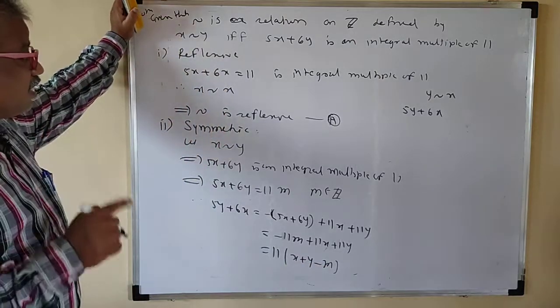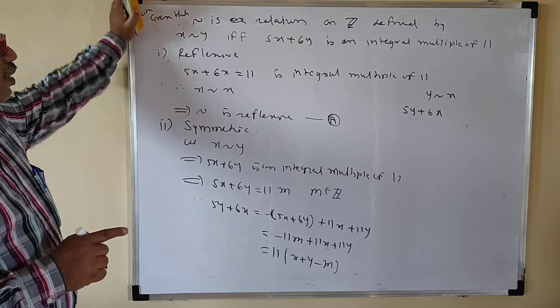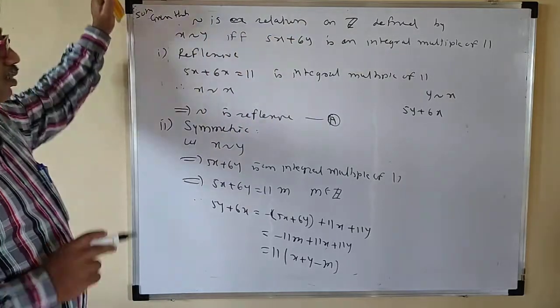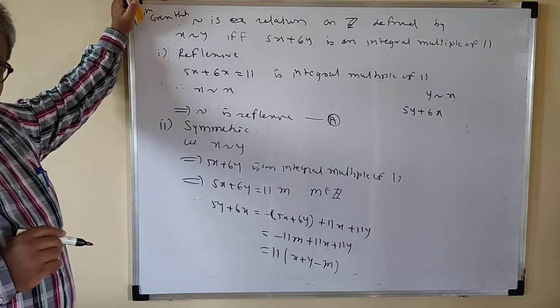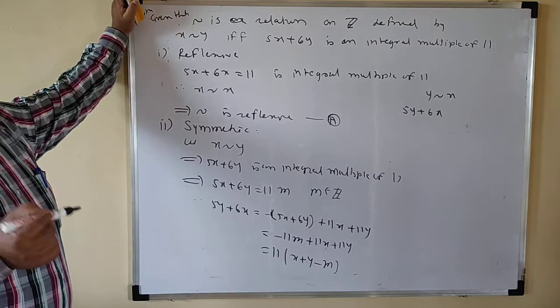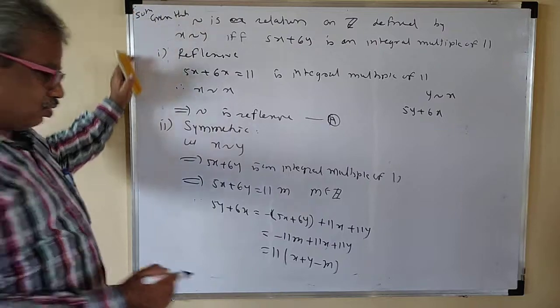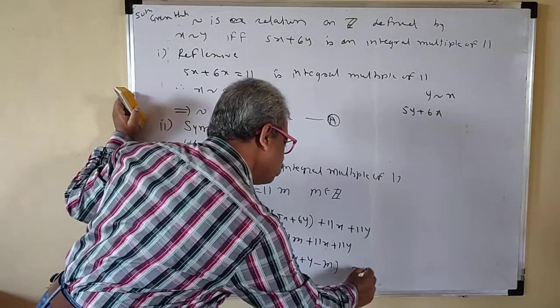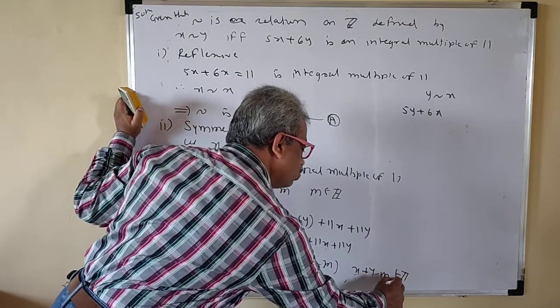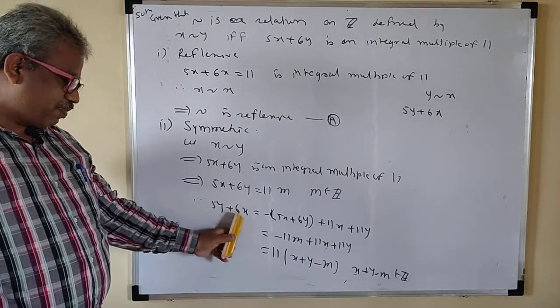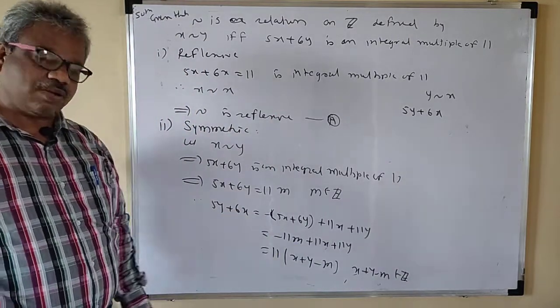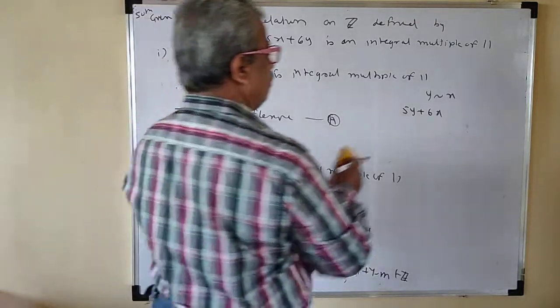Now your x is an integer, because your relation is on Z. Your y is an integer, your m is also an integer, and the sum or difference of integers is also an integer. So x plus y minus m belongs to Z. So what have we proved? 5y plus 6x is an integral multiple of 11.